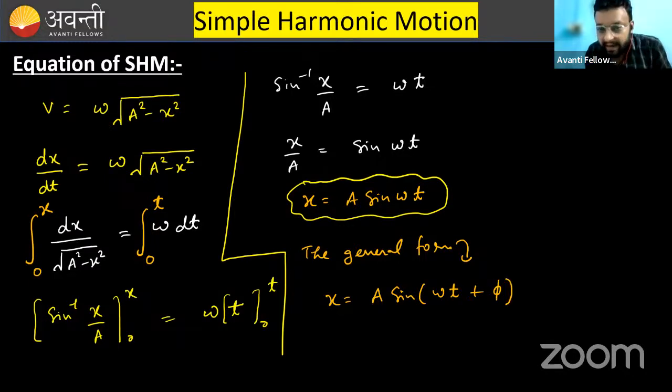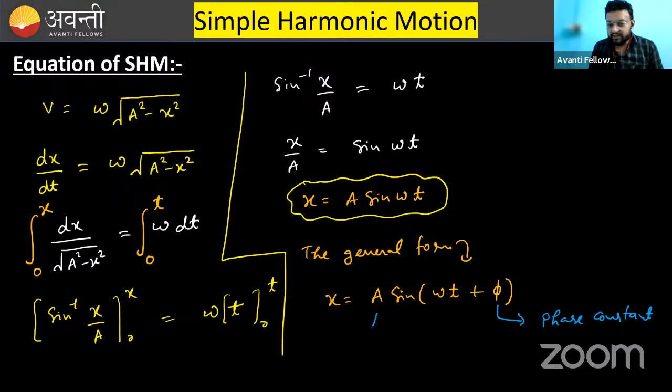A constant will be added here if it was not at mean position initially. Only this phi is known as phase constant. I will explain all these terms in the next class. What is this phi known as? This phi is known as phase constant.